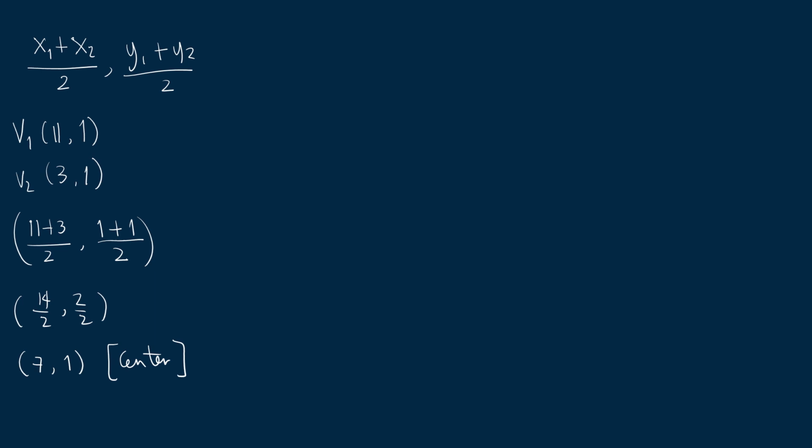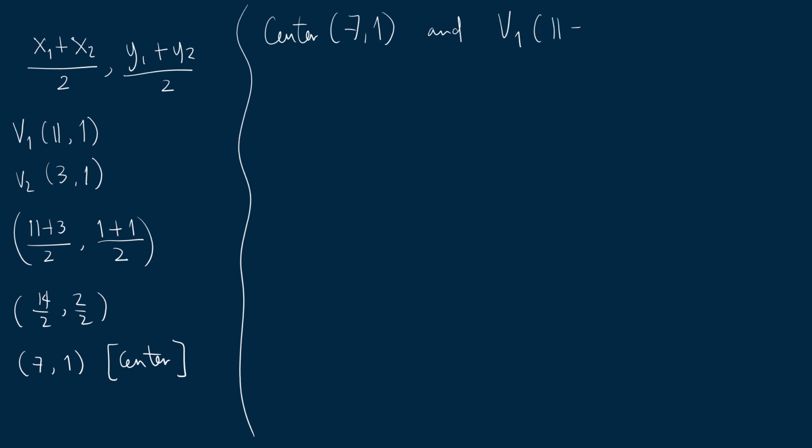So, hindi pa naman dito natatapos yung ating solution. For example, number 4, we also need to find our a squared and b squared values. As we discussed previously, the distance between the center and the vertex is a units. So, pwede nating mahanap yung a value by using the two coordinates of the center na meron tayong 7, 1 and vertex 1 na 11, 1.